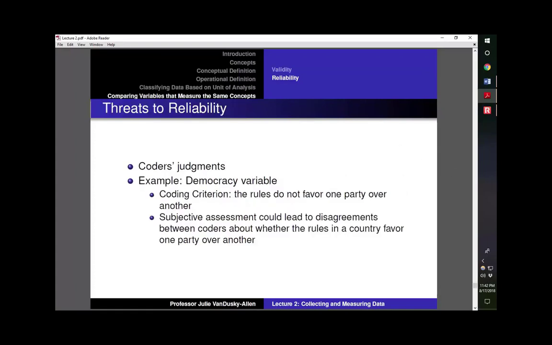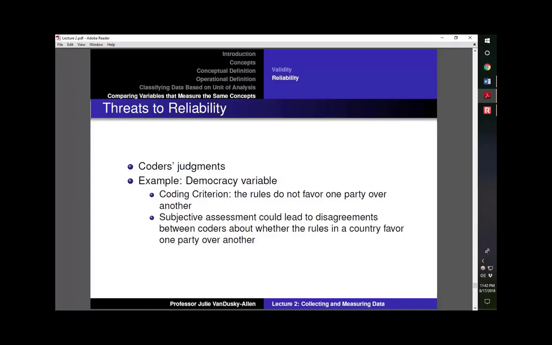One threat to reliability is when you have multiple coders coding a variable and they sometimes have to make judgment calls about how to code a particular observation. So, for example, one of the coding criteria for the democracy variable is whether a country's electoral rules do not favor one party over the other. This is not an objective criterion, it's subjective.